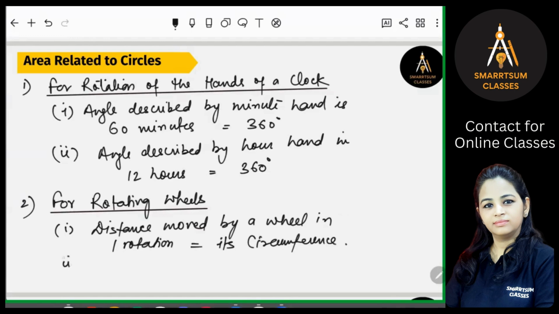Secondly, number of rotations in 1 minute.